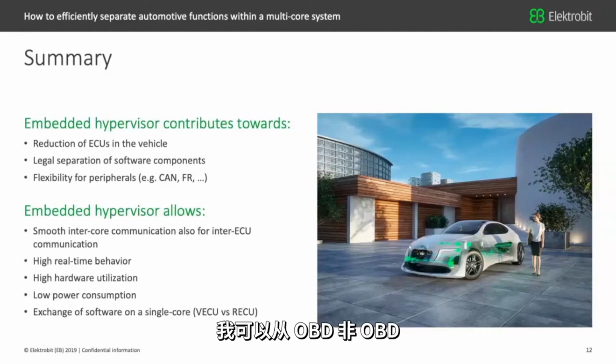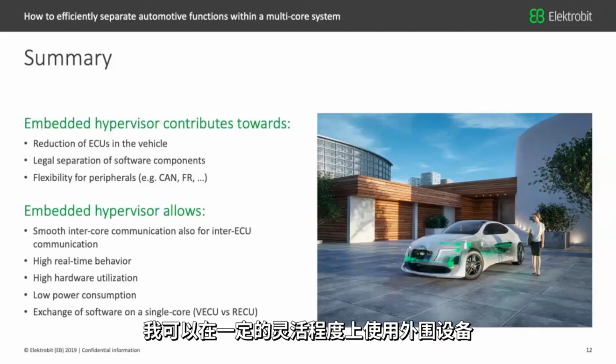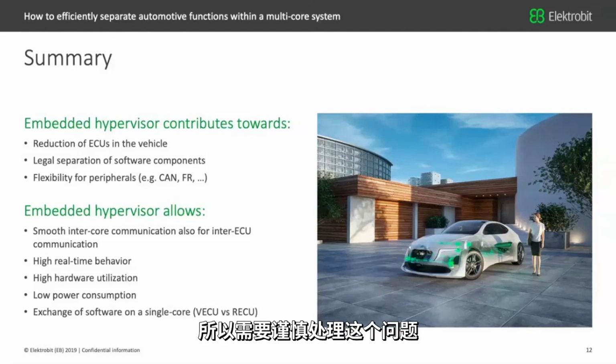I could argue legal separation of the software components in terms of the homologation of OBD, non-OBD, or even safety. And I get some flexibility with the peripherals, but here I have a fixed assignment, so that needs to be handled with care.